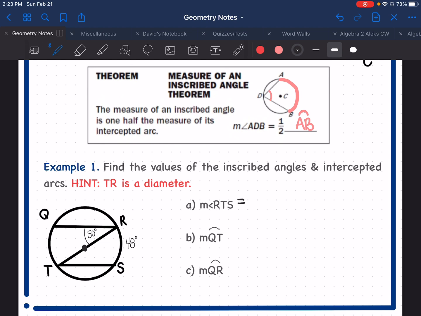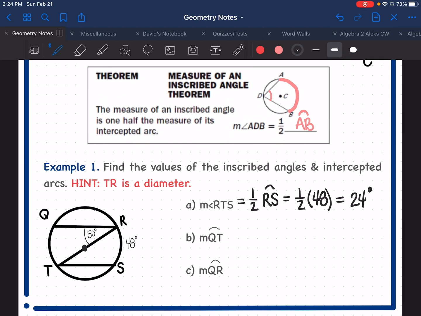So it's equal to half of arc RS. Well, that's half times 48. You remember, multiplying by half is the same as dividing by 2. So we're just taking 48 and dividing it by 2. 24 degrees would be my answer.